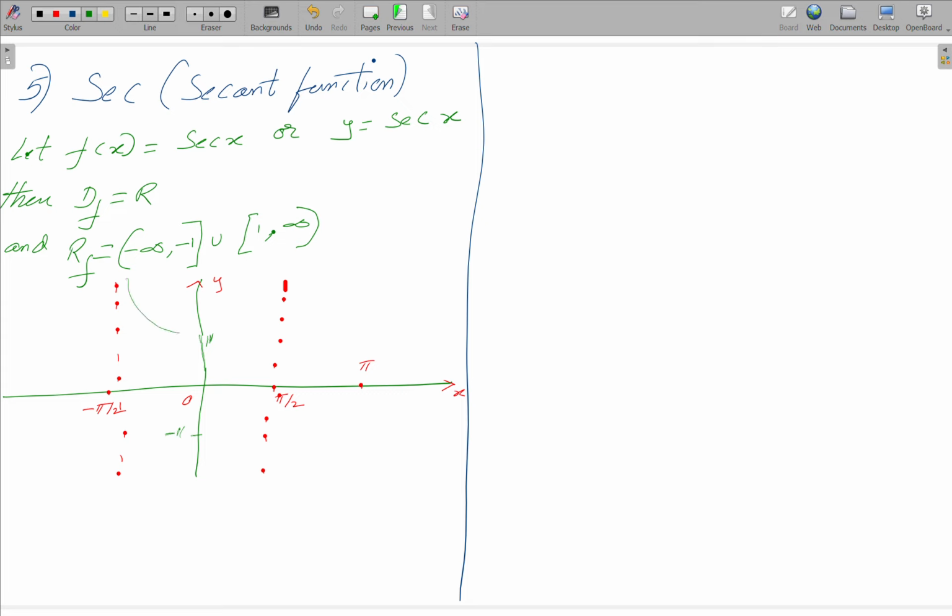Now the graph becomes like this, and in a similar way the graph for the other side becomes like this.